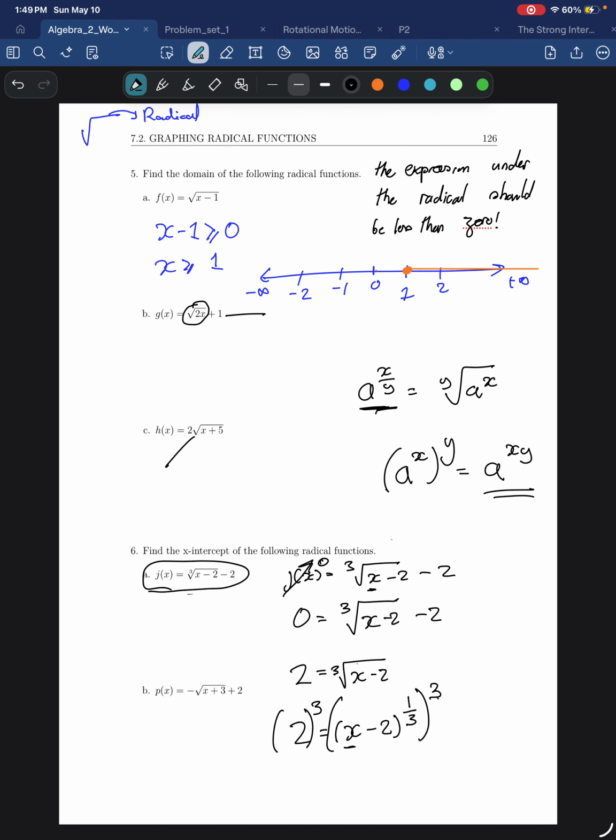So I'm going to have 3 times 1 over 3, which is just 1. Then 2 to the power 3 is 8. So 8 equals x minus 2 to the power 1, which is just itself, so I don't even need to write the power 1. And then the 2 can go across: 8 plus 2 equals x. We're going to have x equals 10.